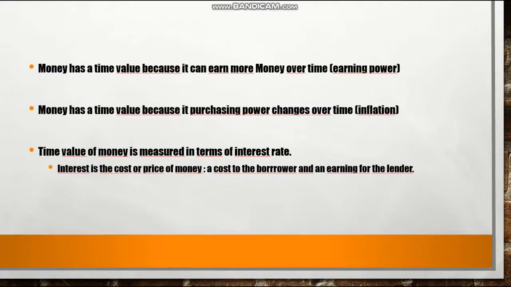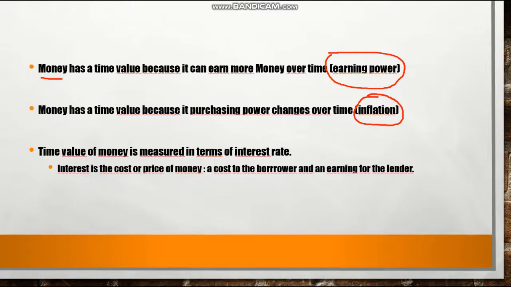better. And let's define some terms. Money has a time value because it can earn more money over time, which is earning power. And the other one is that money has a time value because its purchasing power changes over time, which means inflation or deflation.